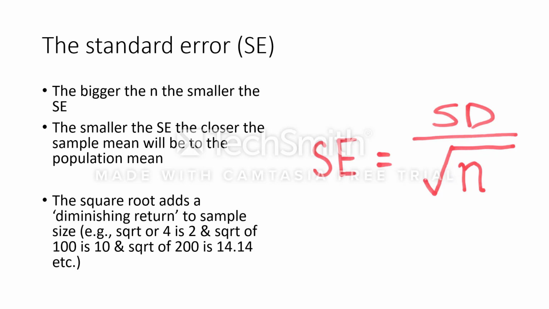But as samples get larger and larger, the amount that n is going to decrease gets considerably larger too. So if you had an n of 100 and took the square root, that would go down to 10. And if you had an n of 200, that would reduce to 14.